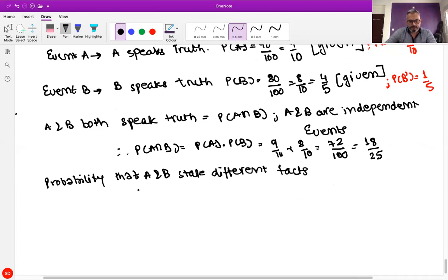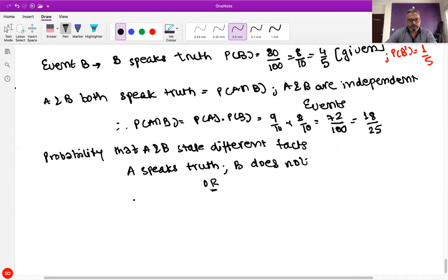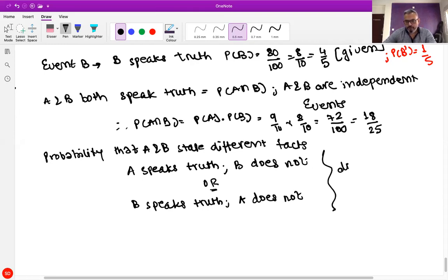That is, A speaks truth, B does not, or B speaks truth, A does not. So here we will use difference event.